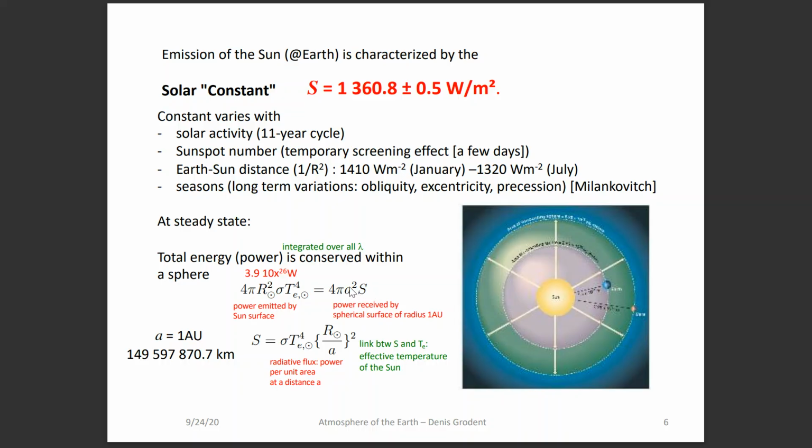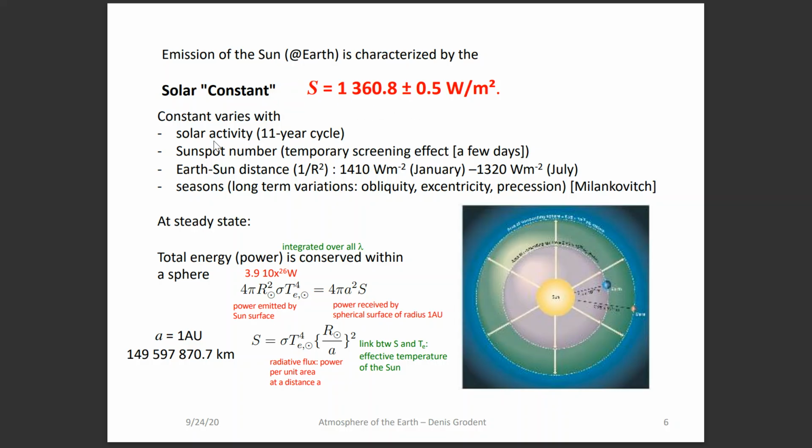This is the power received when we are at a radius of a, which is an astronomical unit. So the Earth is at 1 astronomical unit from the Sun, which is 150 million kilometers. Sorry. So we can approximate then the sun emission, and this is approximately this value.